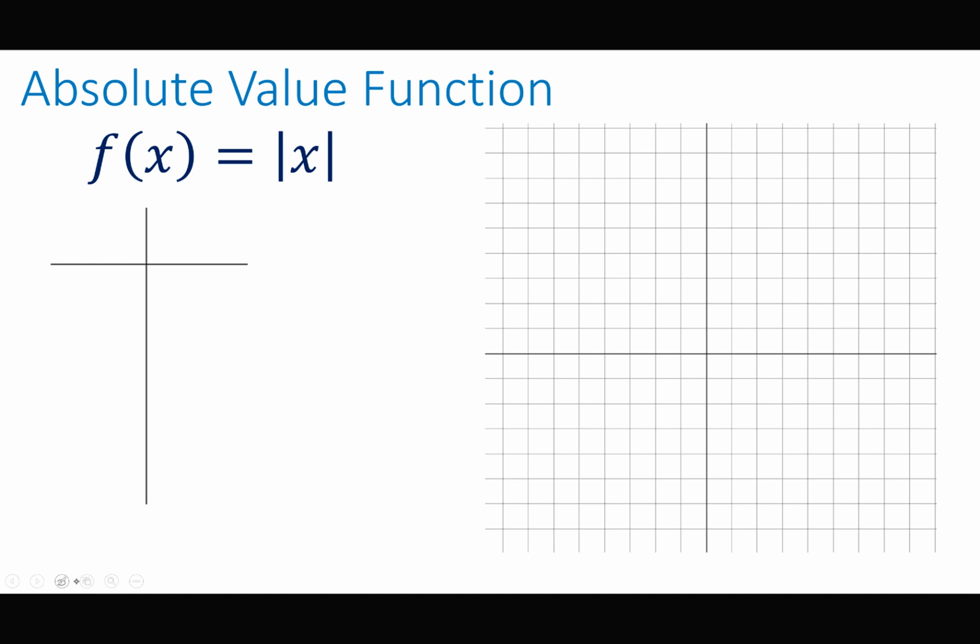And so we'll set this as y equals the absolute value of x. And so now I can pick any value that I want. Let's start out with some negatives. Let's say -5. I know -5 is going to become a +5.